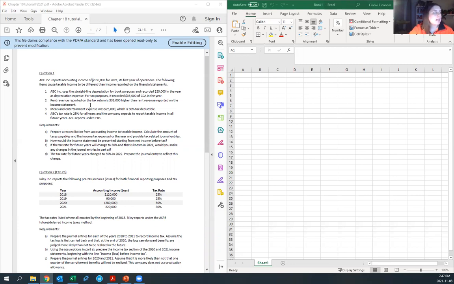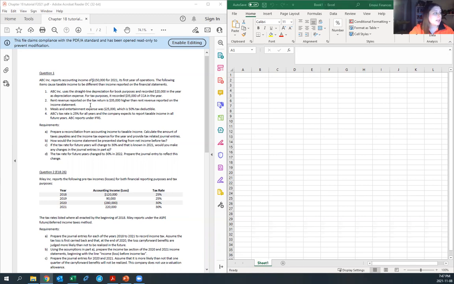For the first item, ABC Inc. uses straight line depreciation for book purposes and recorded $20,000 in the year as depreciation expense. For tax purposes, it recorded $35,000 of CCA in the year. For item 2, rent revenue reported on the tax return is $35,000 higher than rent revenue reported on the income statement.